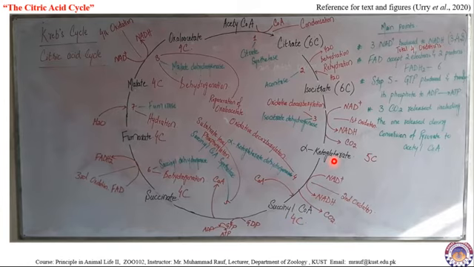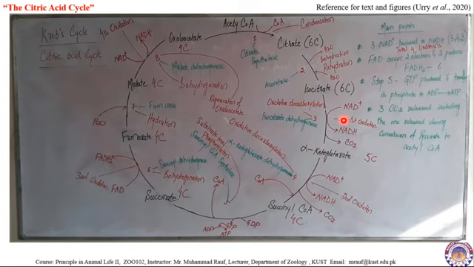So the liberation of carbon dioxide takes place in step 3 and 4, and then only a single ATP is produced, and that is produced in step 5. And then in step 6, the FAD becomes the carrier of electrons, and it forms FADH2. So a total of 4 oxidation events takes place in Krebs cycle.